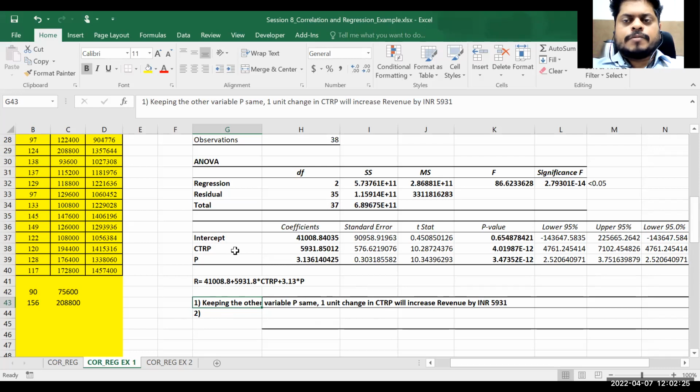For one program, let's say the CTRP rating is 100, and for the other it is 99. The program with a CTRP rating of 100 is going to earn 5,931 rupees more than the other program with a CTRP rating of 99, because I have kept the promotional budget the same. If my promotional budgets are different, then obviously the total revenue earned will be different.